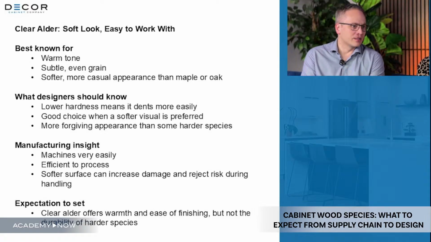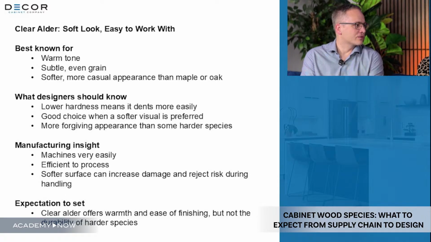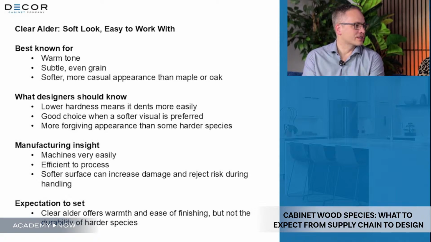Yes, we sometimes even in production get some nicks and dents here and there if we're not careful. So that's one thing with this wood to watch out for. If you need something really durable, maybe alder's not the species to choose, but it is a very nice visual door. And the price point is also attractive, right? And just because it has a lower hardness, there's some positive for that, right?